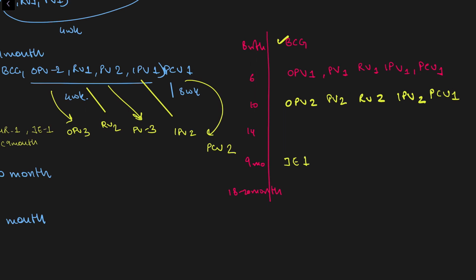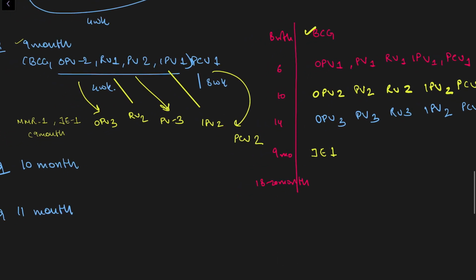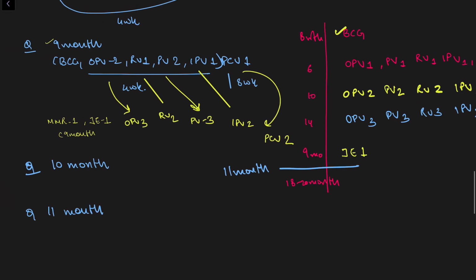So we will give him the third dose of OPV, the third dose of rotavirus, and the third dose of pentavalent, second dose of pneumococcal vaccine and second dose of IPV vaccine. Right? Obviously, we should mind the gap of 8 weeks between the PCV vaccine and 4 weeks between the rest of the vaccines.